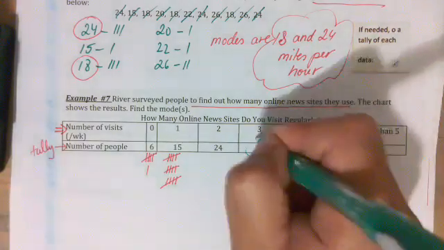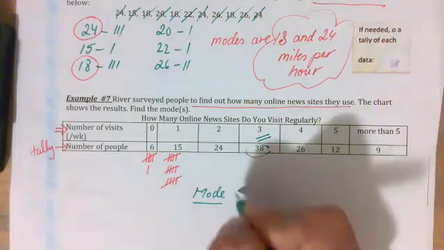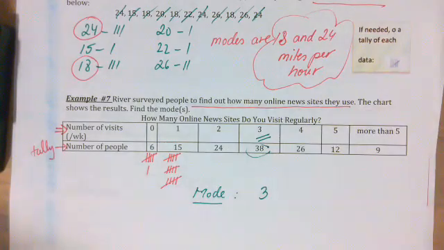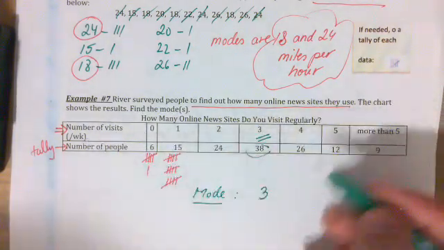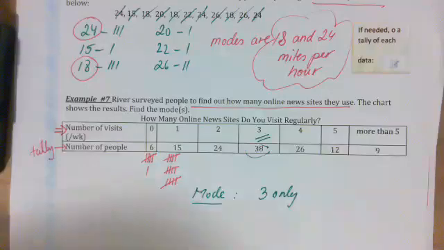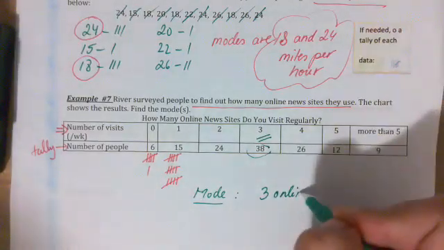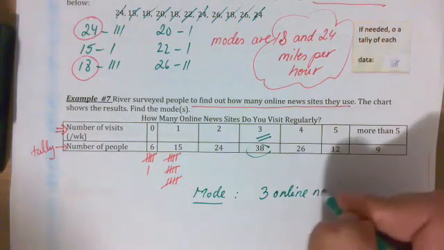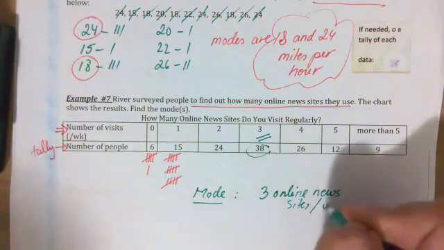Okay, so now the mode would be 3 online news sites per week.